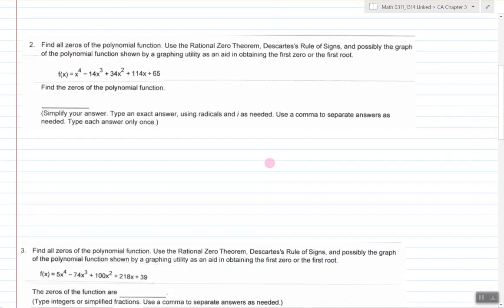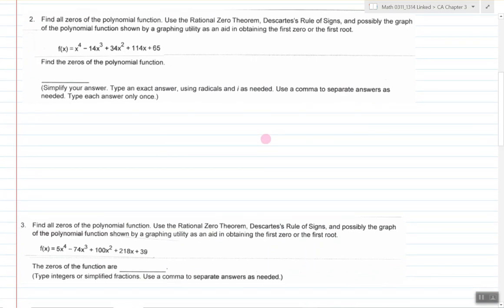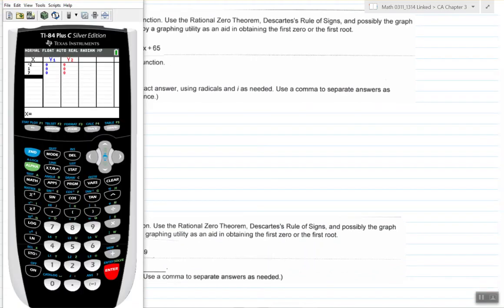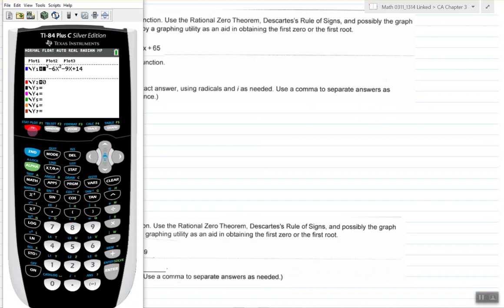Let's look at number 2. Going into the y equals, I'm going to clear this out.